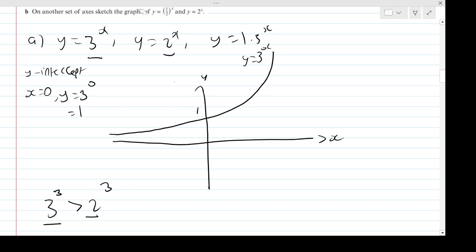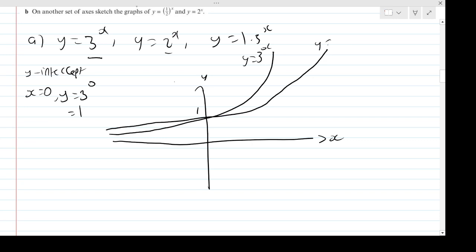So it changes more slowly, 2 to the x. It's going to look something like this. It's going to start off a bit above 3 to the x, but it still hits 1, and it rises more slowly, okay? But it will still pass through 1. That's the key feature, because if I set x to 0 for the y-intercept, we would have 2 to the 0, which is still 1, okay?